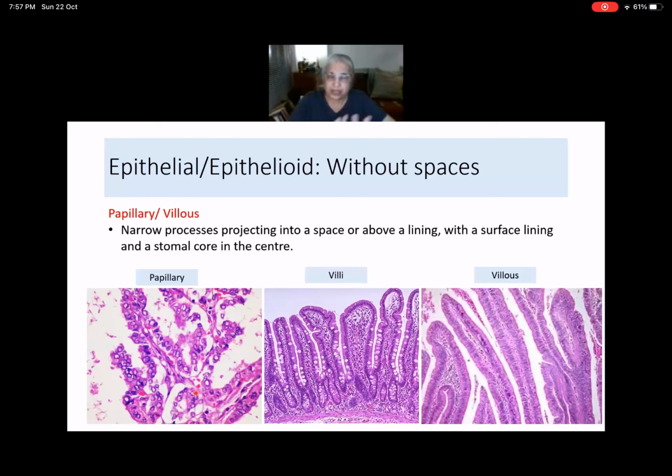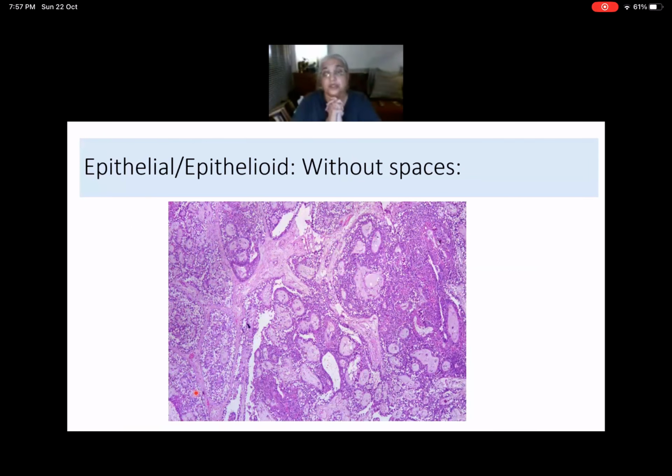But look at papillae. Papillae do branch. So we have to use terms appropriately. It's not just finger-like processes. The finger-like processes have different names when they look different. You see branching all the time in papillae. You don't normally see that in villi.